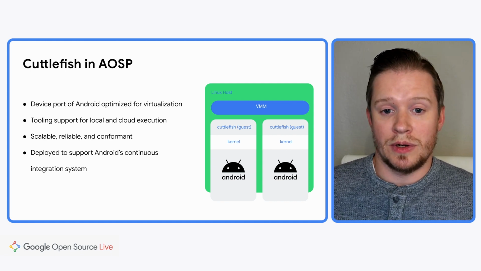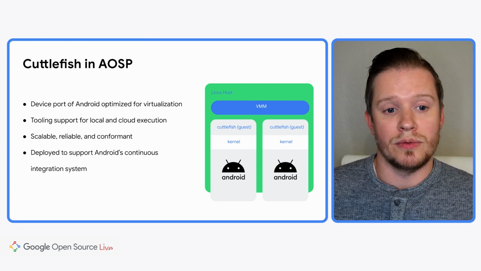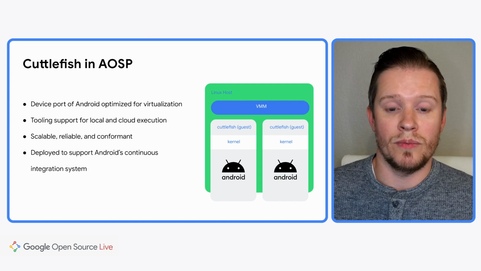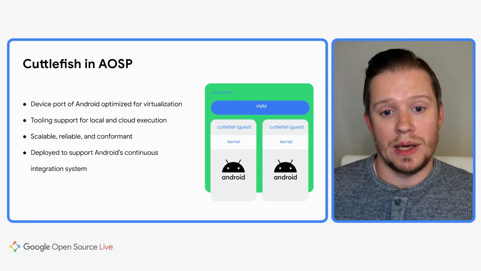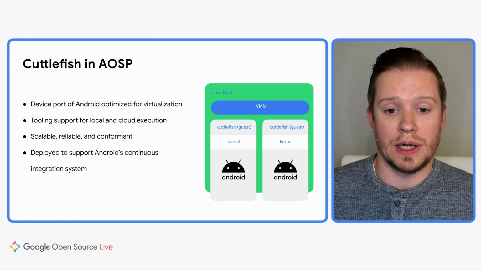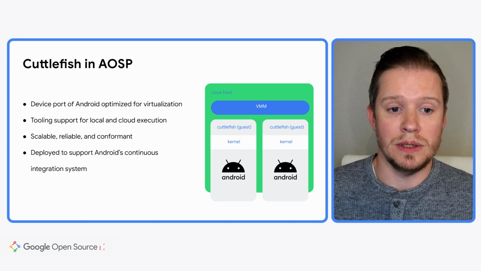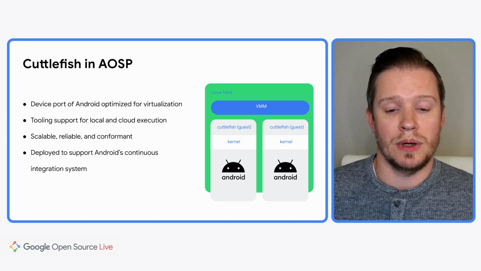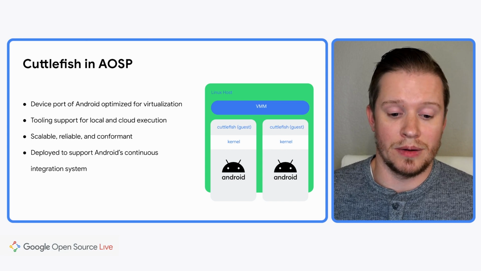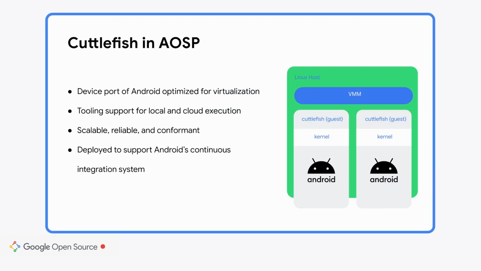The project also provides tooling for local and cloud execution. So when you build locally, there's a tool that gets produced by the build called Launch CVD. And that tool will immediately start the virtual device on your machine, assuming you've gone through the setup procedure. But we also make it possible, from that same build environment, to launch the virtual device on Google Cloud.